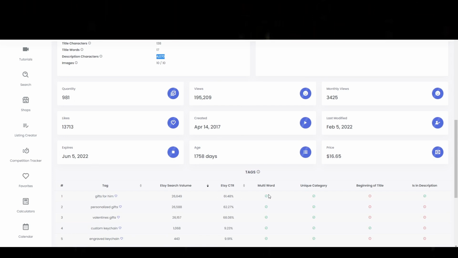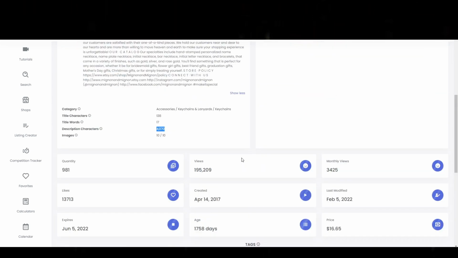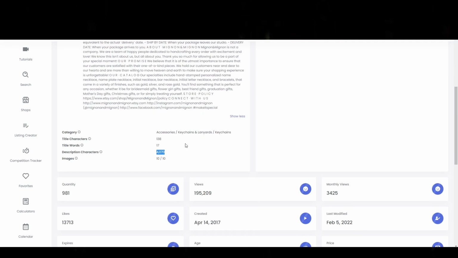When the product was created: it was created in 2017, and it's been on the platform for 1,700 days, roughly, a little bit more than that. The number of likes it's acquired, the quantity, the views, the monthly views that it's acquiring. So I can learn about how valuable this listing is to the seller.